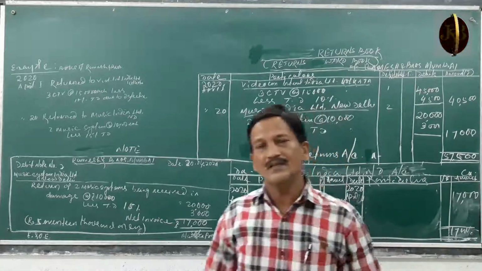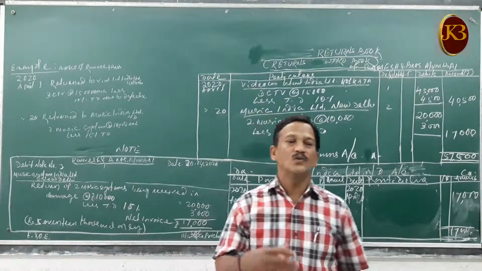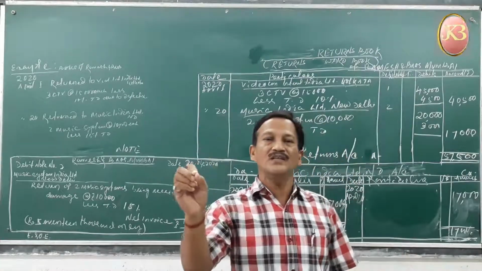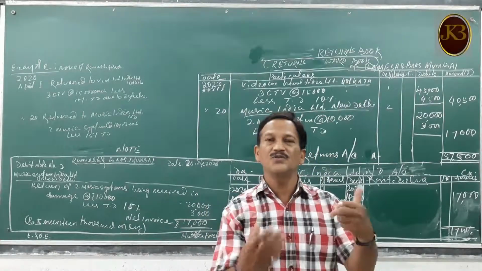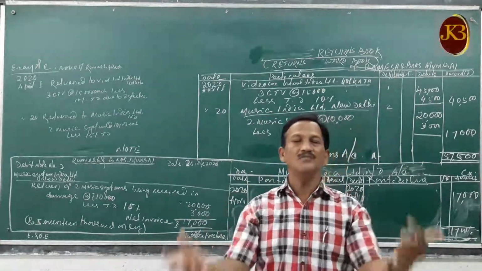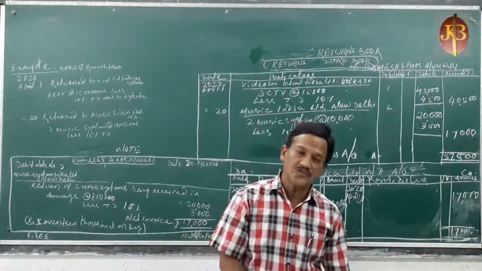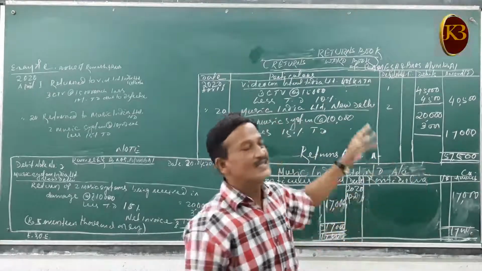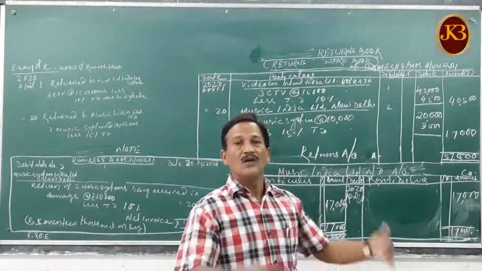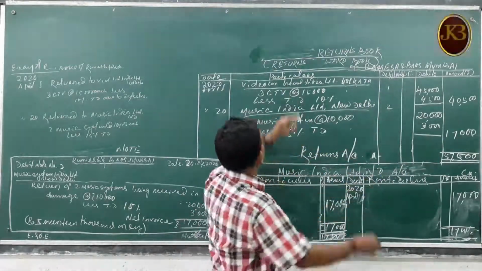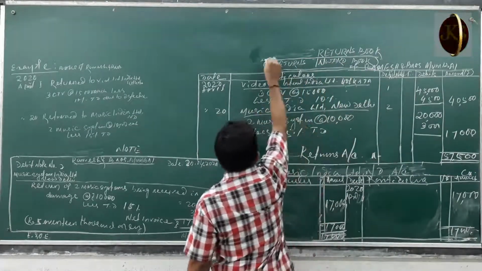Sales return book is the book which is prepared by the business when goods sold on credit to the debtors or customers are returned by the customer due to defects, damage or some other conditions. This goods returned by the customers or debtors to the business is recorded in a separate book, that is called sales return book or return inward book.